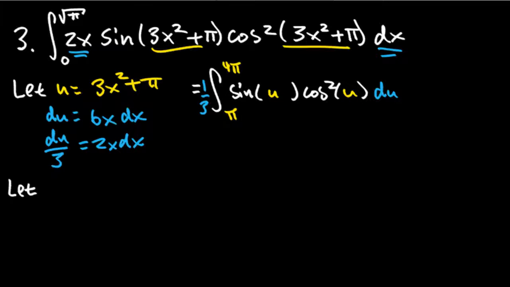So I'm going to use the variable w and let that equal cosine, because that's the one that's inside of a squared function, right? So dw equals negative sine of u du.